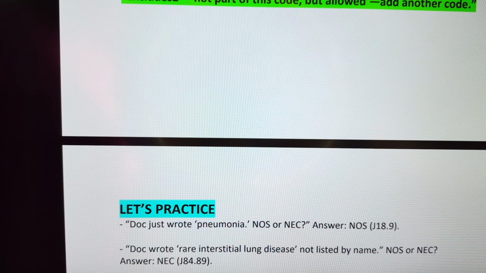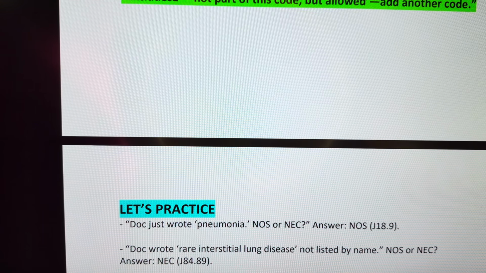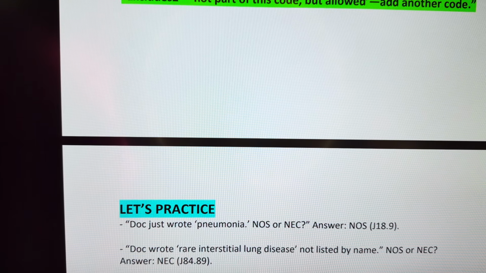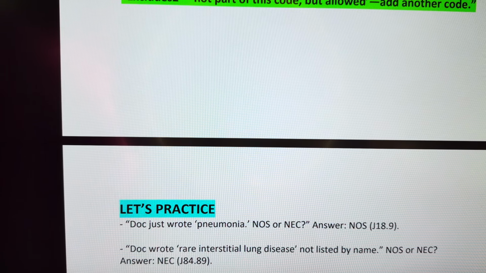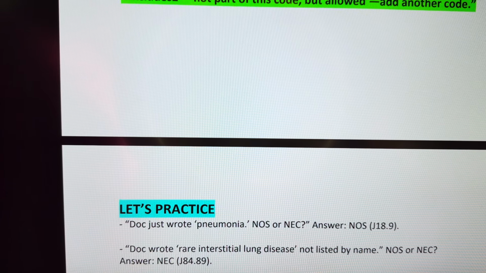No. If you're following your book, you're going to see an Excludes 2, which says these codes can be coded together. And look at this: if you're dehydrated, it can lead to acute kidney failure. That's different than chronic kidney disease. So those two can be coded together.